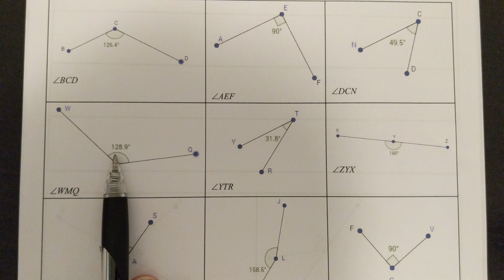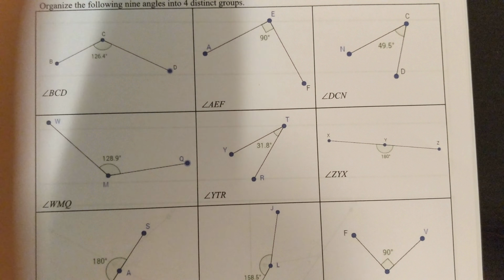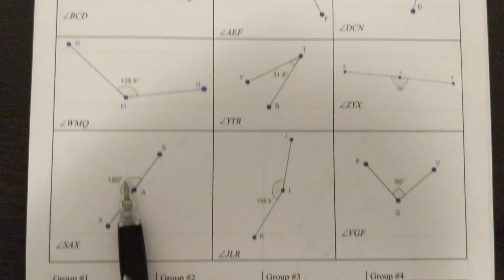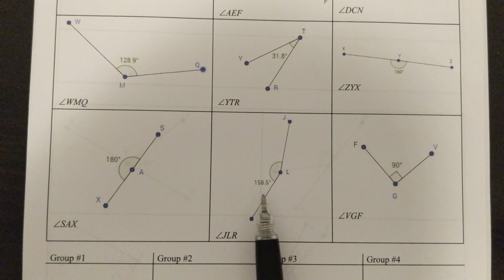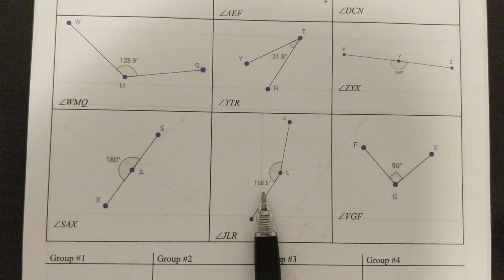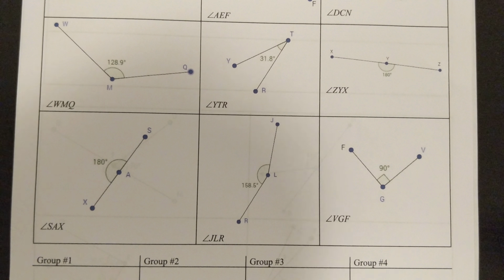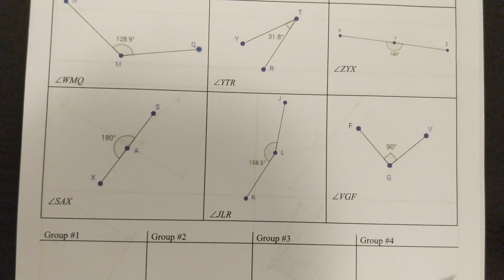I have an angle that's 128.9 degrees, 31.8, 180, another one that's 180, 158 degrees, and 90.